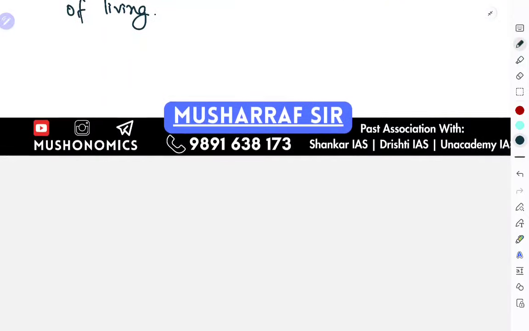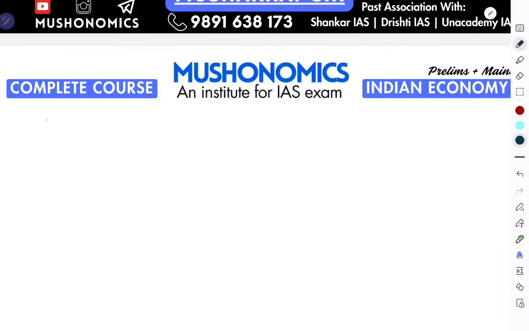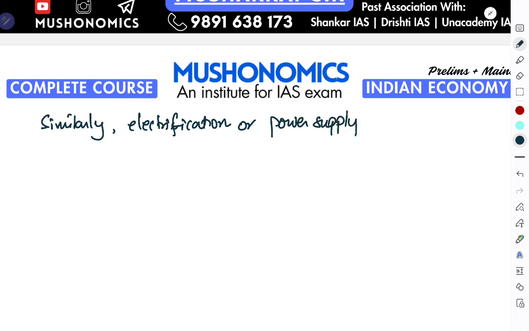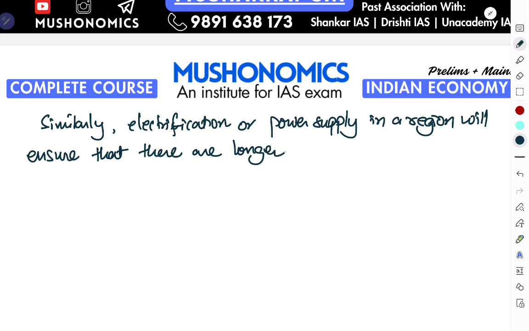Similarly, if we talk about electrification or power supply, electrification or power supply in a region will ensure that there are longer hours of work. People are not depending only on sunlight, right? So longer hours of work, higher level of mechanization.